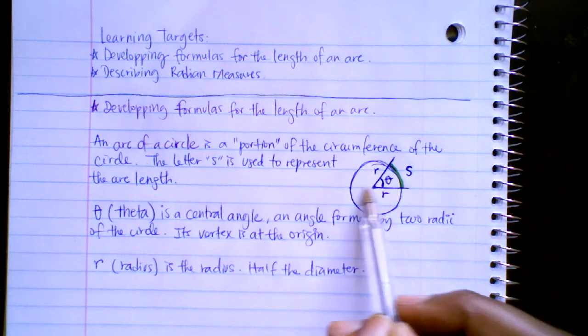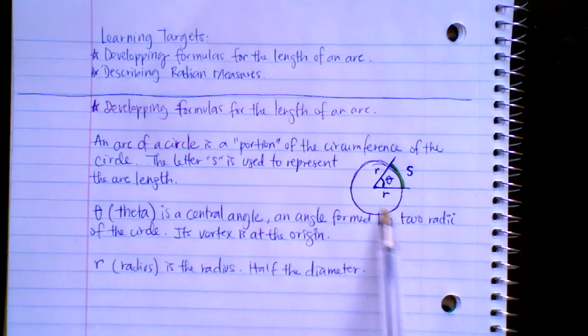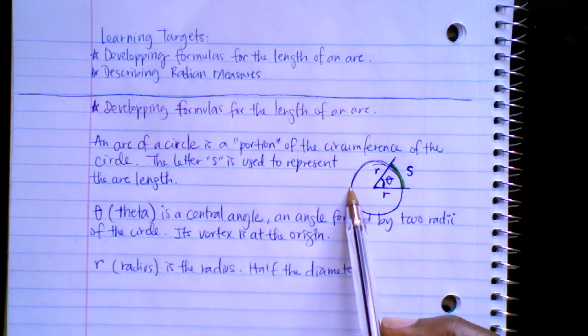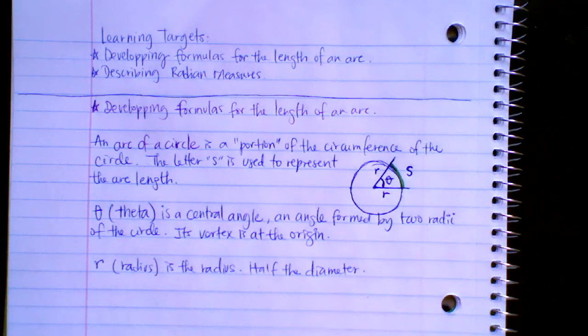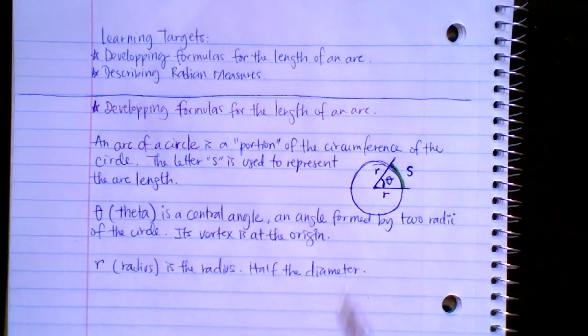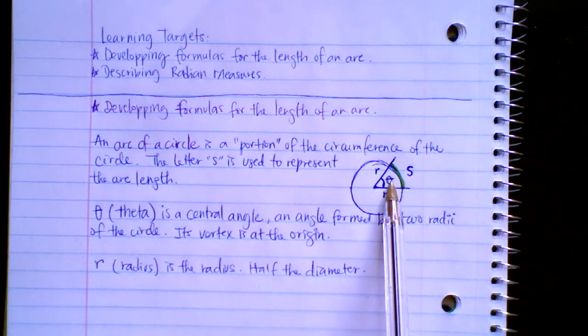You must pass through the center. If it doesn't pass through the center, it's not the diameter. So the diameter is the distance from one end of the circle to the other end, and it must pass through the center. So I have defined the arc length as S, theta, and the radius.